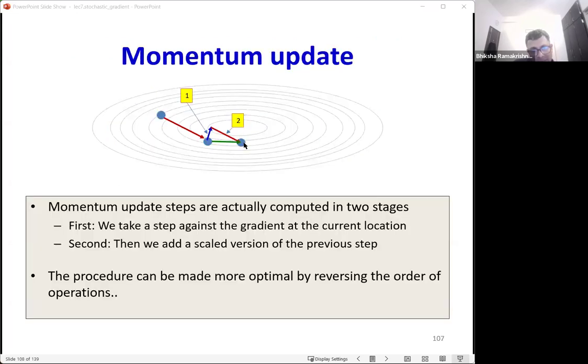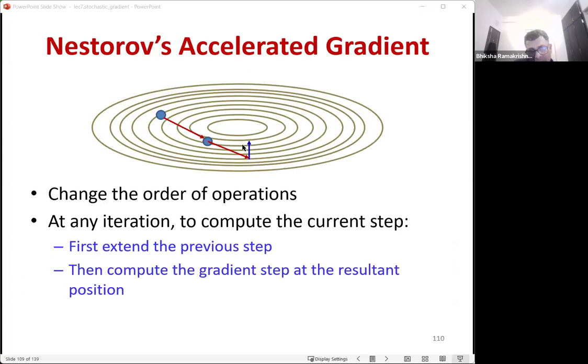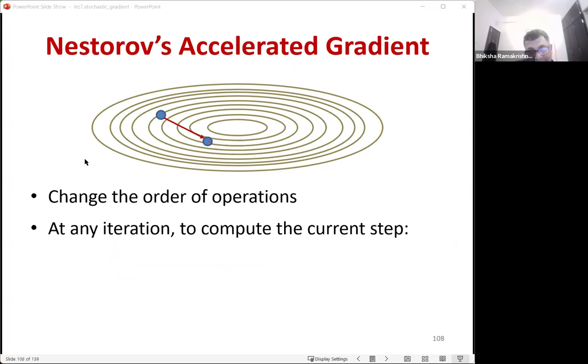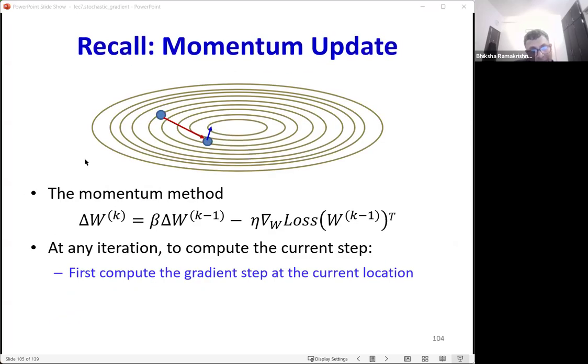So is the change of the sequence of operations making sense to you over here? Yes or no? It turns out this is the famous Nesterov's update rule. And it turns out that this is much more optimal than simple, this guy here, which is called the momentum method.